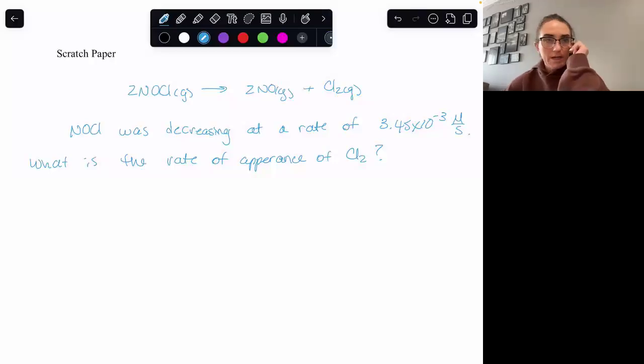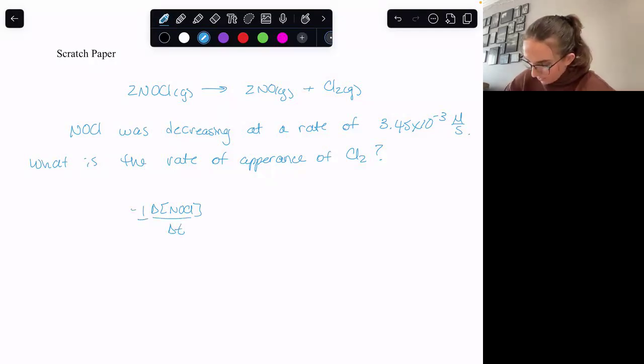So we don't need to use a rate law for this question, actually. This one is just based off of your rates of reaction. So we know that the change in concentration of NOCl over time is going to be the rate of disappearance.